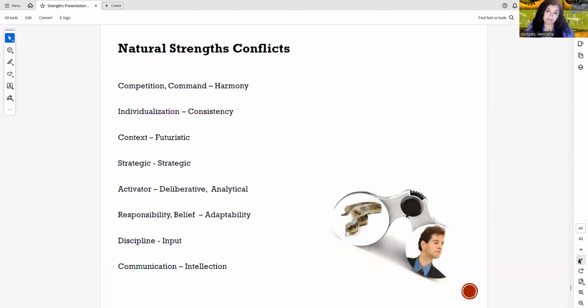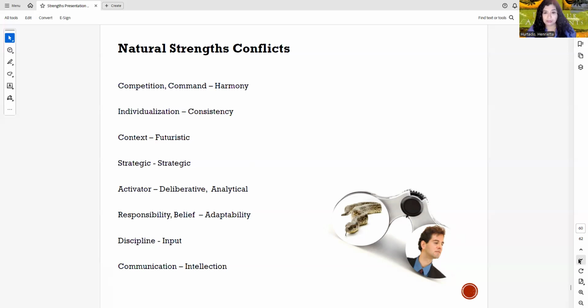Conflict does exist, but again, with strengths awareness and management of the shadow side, we can help to understand dichotomies. For example, if you happen to have competition and command as two of your themes, and then you have harmony, well, that could be what you would say a dichotomy or the opposite.